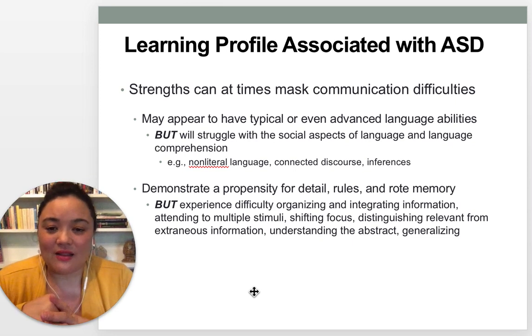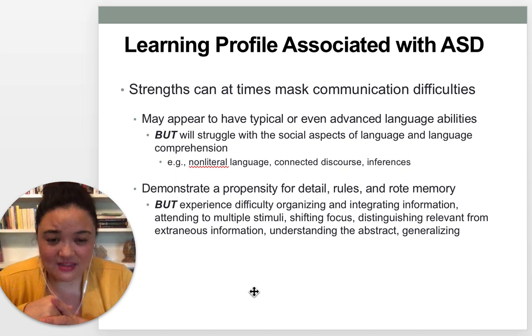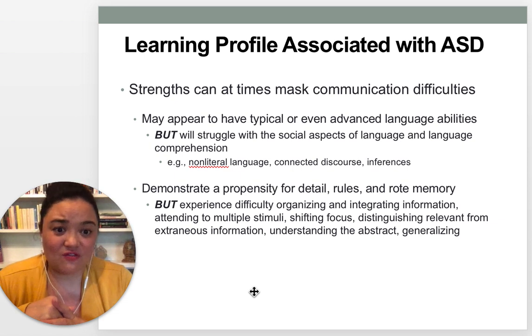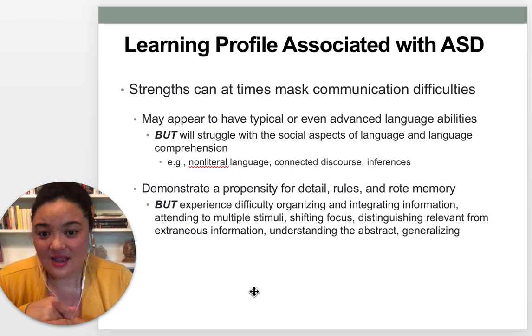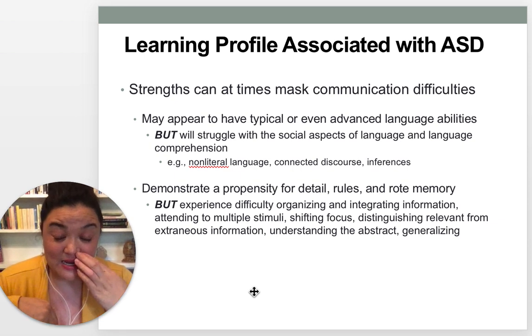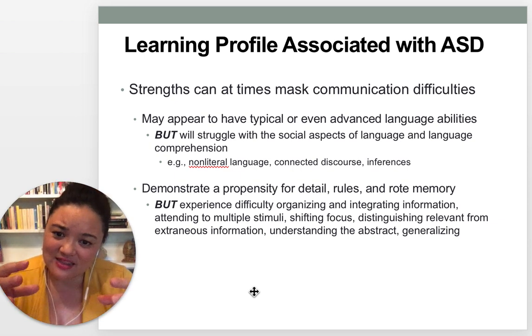A lot of times, teachers or parents may, because an individual is really great at focusing on detail, following rules, and has strong rote memory, overlook that they might have difficulties with other cognitive tasks like organizing information, integrating that information with information they've learned before, attending to other stimuli in their environment, understanding the more abstract things, and generalizing the skills they learned.